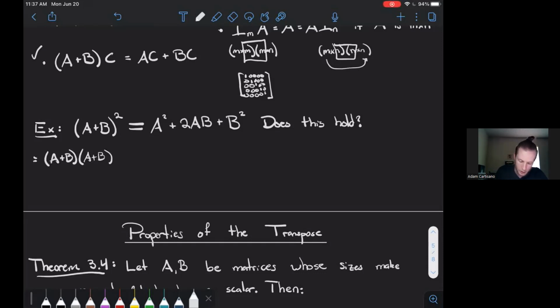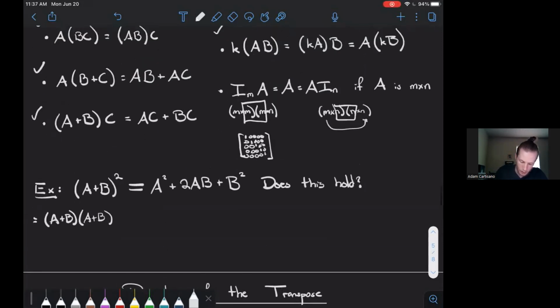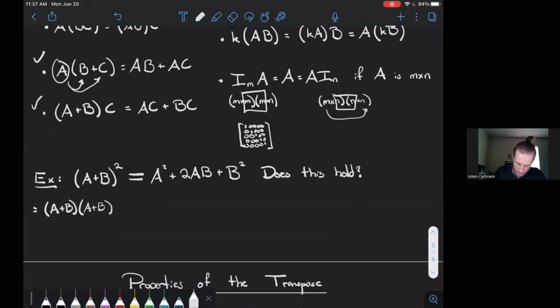Well, by left distributivity, if I have a matrix times the sum of two other matrices, I can distribute across the sum. So really, I can take this as a matrix and distribute it.